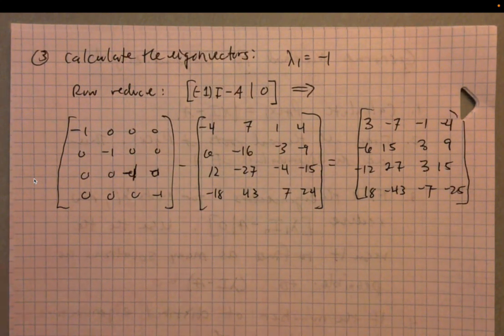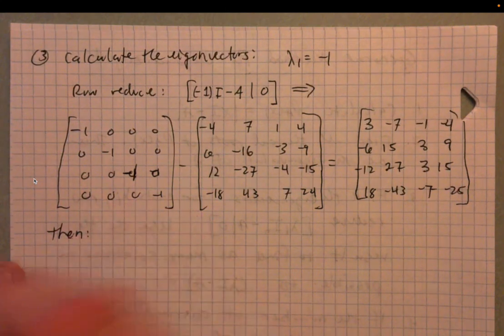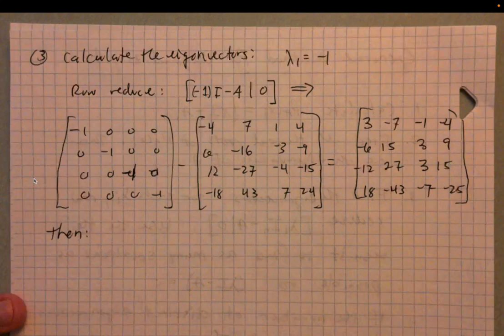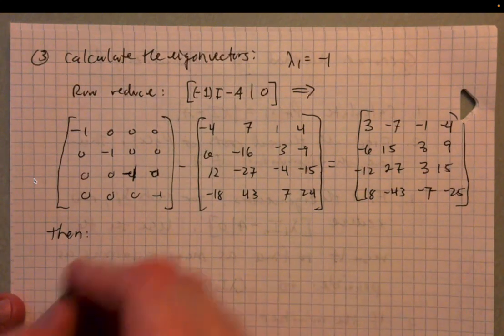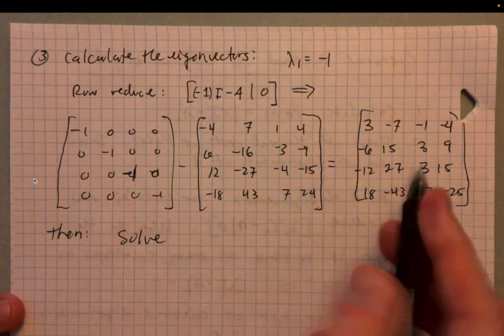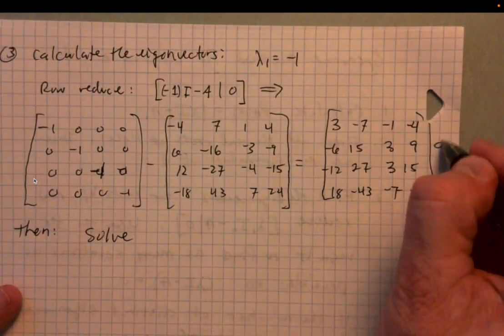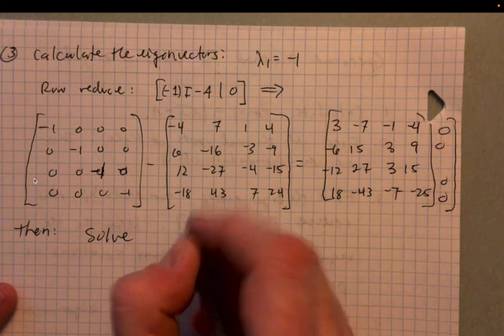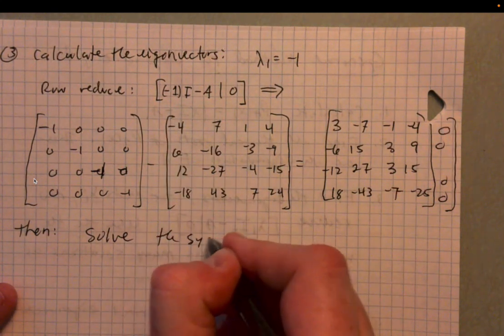So then you have to solve the system based on this. Basically, just augment this with a 0 column and solve the system.